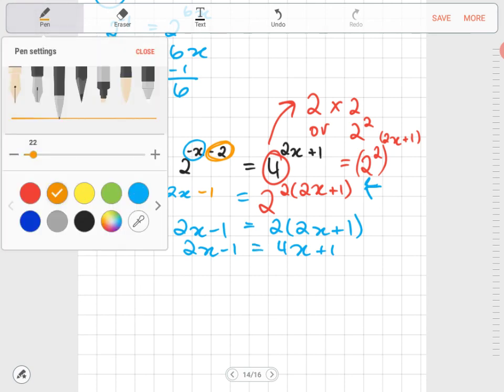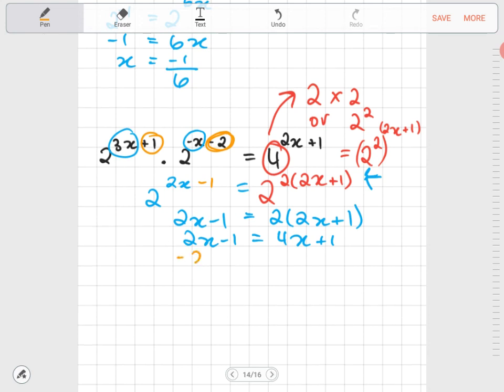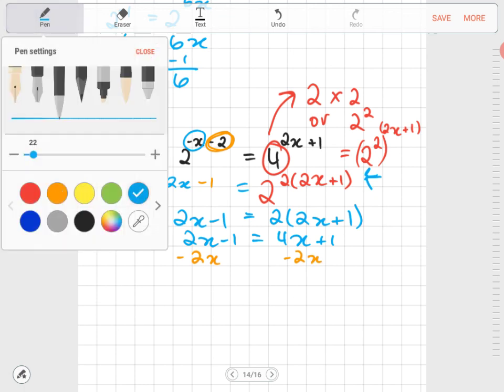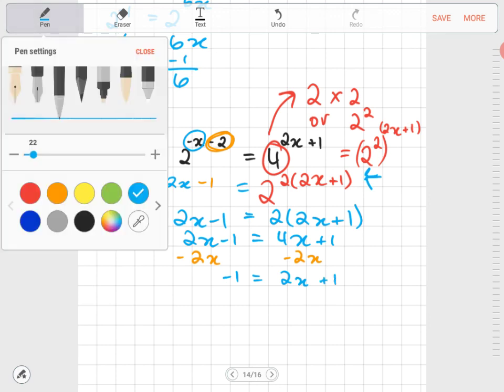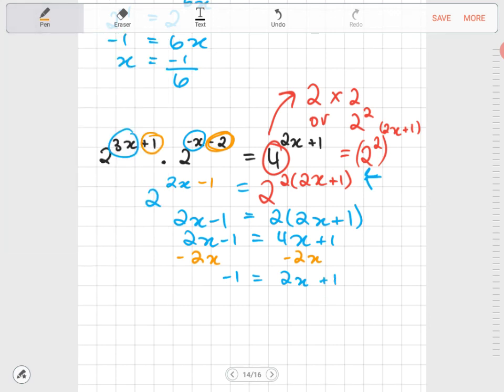So what's our first step? Well, our first step is to gather our x's on one side. So we're going to take away 2x from both sides. So we're left with negative 1 is equal to 2x plus 1. And now we're going to get rid of this 1 here off both sides.